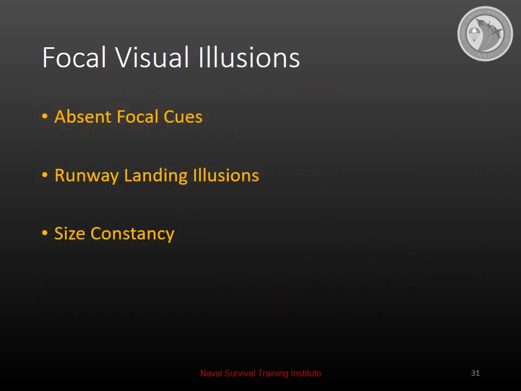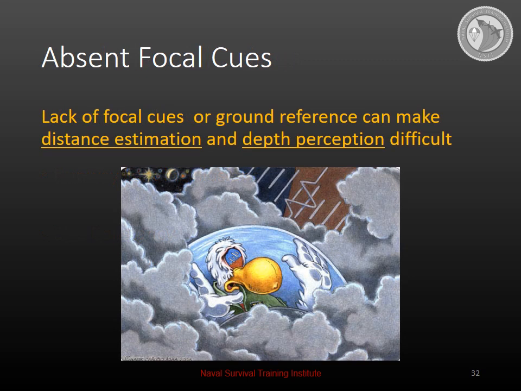Now let's talk about some focal visual illusions. We'll talk about the absence of focal cues, we'll talk about some runway landing illusions, and then size constancy. The absence of focal cues or reference to the ground can make distance estimation and depth perception very, very difficult, if not completely impossible.